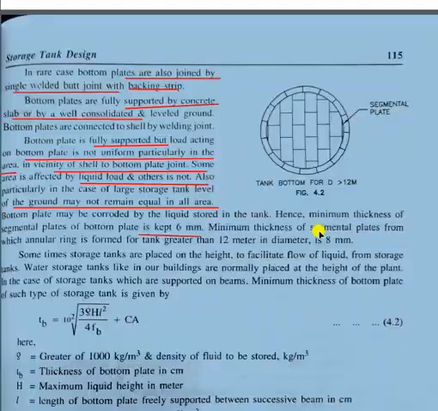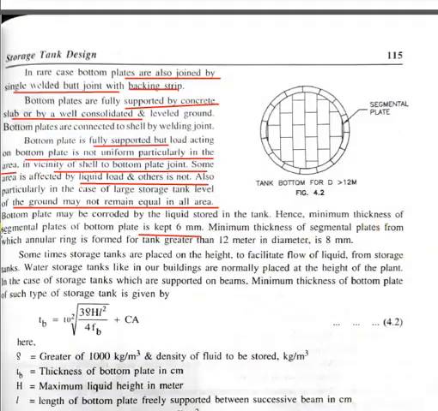The minimum thickness of the segmental plates from the annular ring formed is 8 mm for tanks greater than 20 meters in diameter.